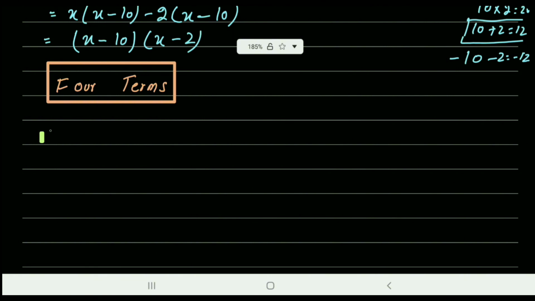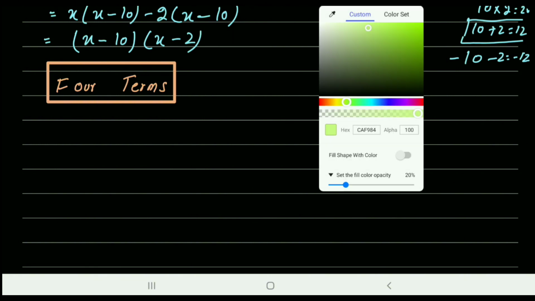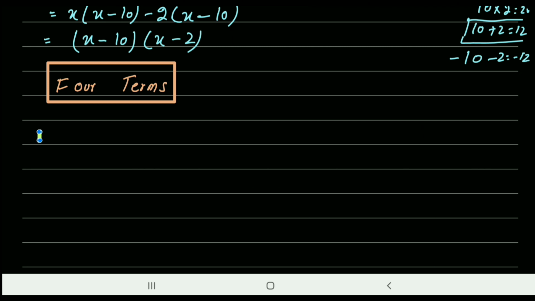Okay, question number 1. If the question is 3x plus 8y minus 6ax minus 16ay, these are 4 terms. So if you have 4 terms, you have to make groups and take common.